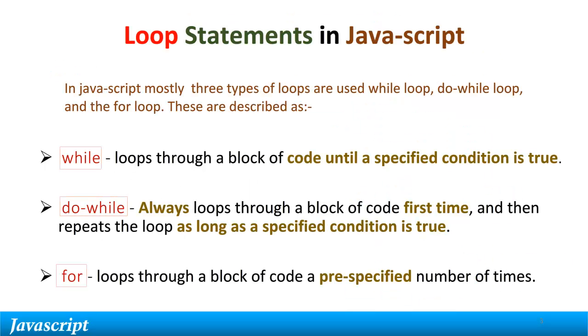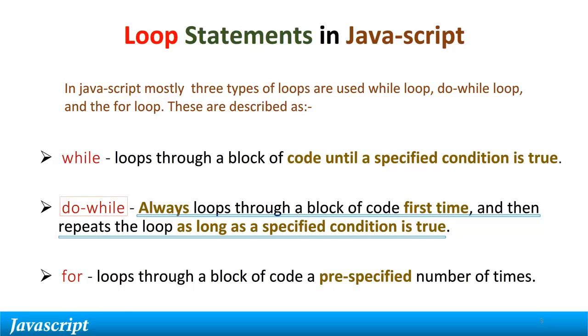There are three kinds of loops in JavaScript: the while loop, the do while loop, and the for loop. The while loop, before even executing for the first time, checks for some condition and executes the body of the loop if that condition is true, and keeps on executing till that condition remains true.